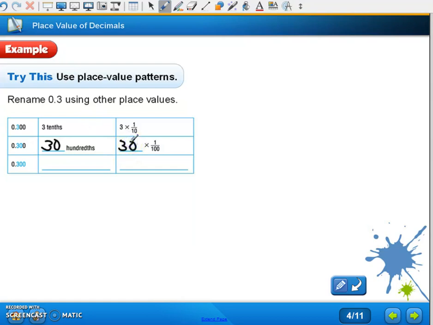Or if we're moving clear out to the thousandths, it's 300 thousandths, or 300 times 1/1000.